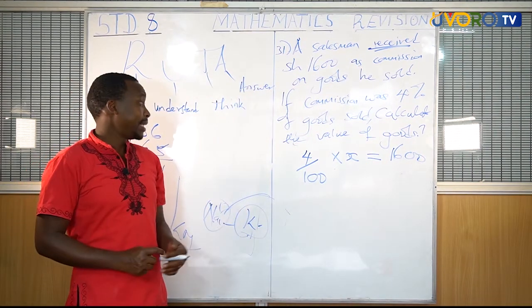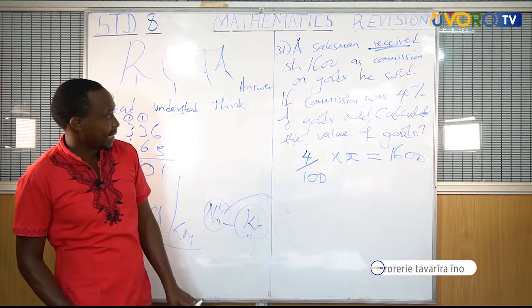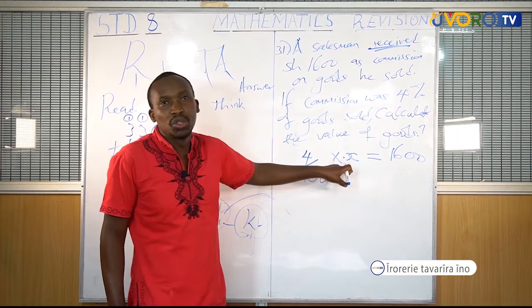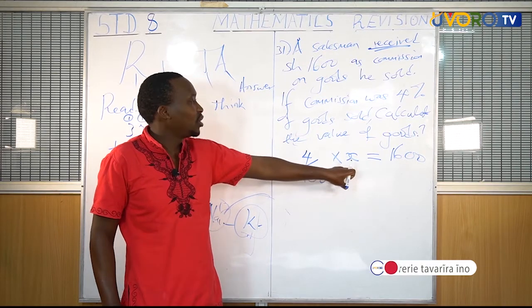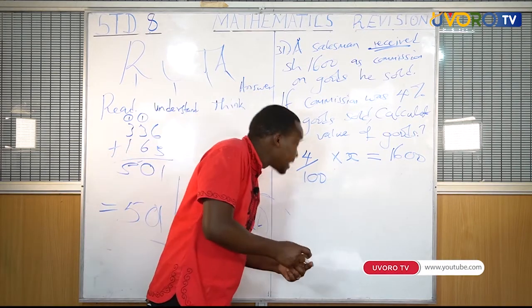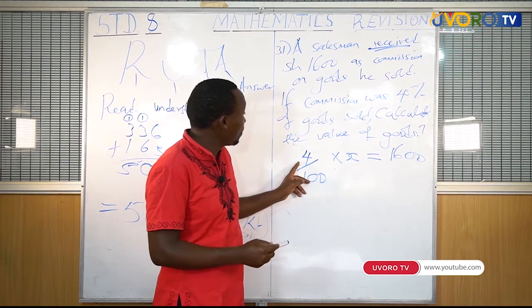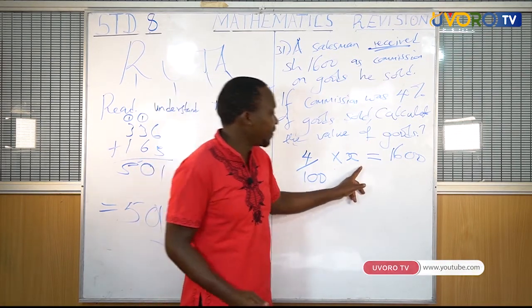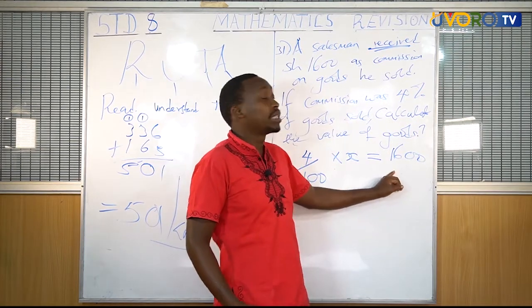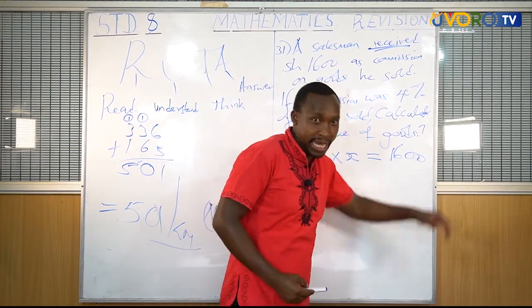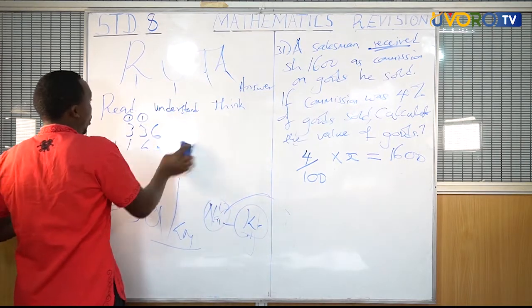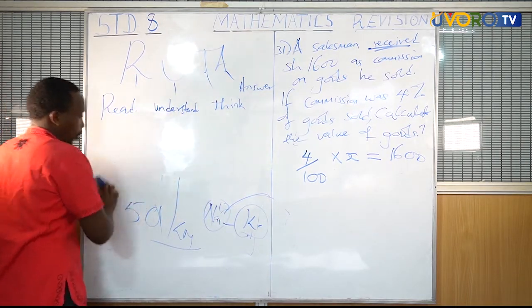It is the rate times the value of goods, which we don't know. That is why we have given it x. The person, after being given 4 over 100 of that value of goods, was given shillings 1,600. Are we together, class 8? Yes, very good. Let's continue.